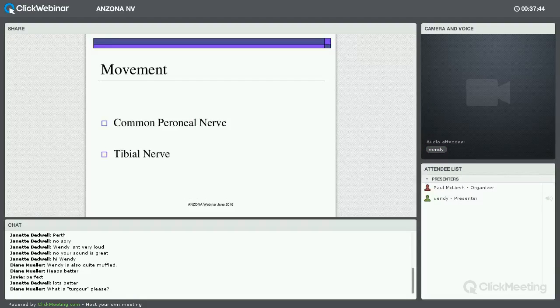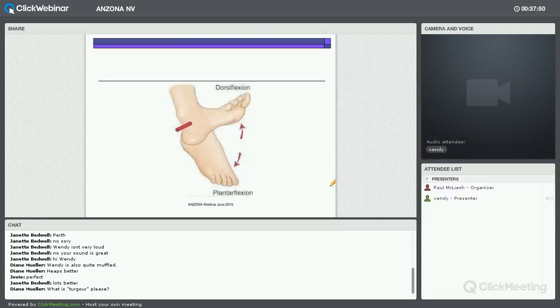So looking at movement, common peroneal nerve and tibial nerve. What we have is for common peroneal nerve, it is dorsiflexion of your foot or pulling it up towards your face. And for tibial nerve, it is plantarflexion or planting your foot on an accelerator, which is a nice, easy way to remember the difference. And that's tibial nerve that we're having a look at.